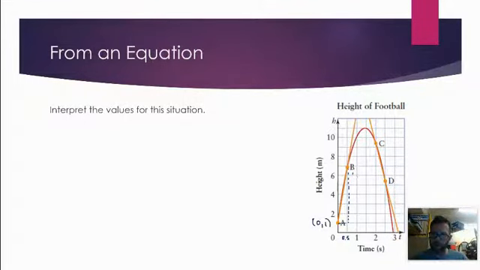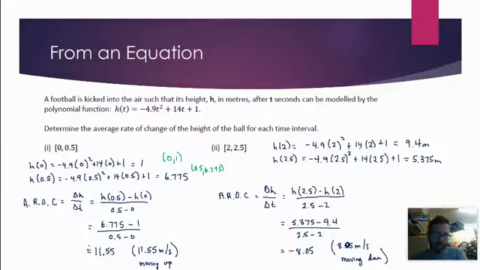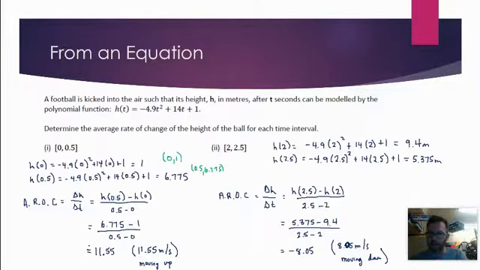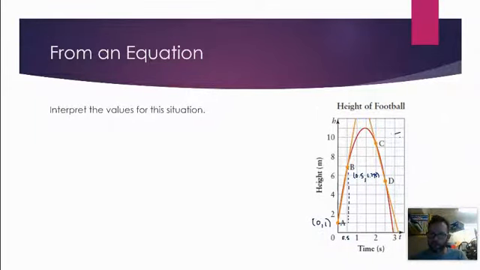So we started at 0, 1, and we found out that after 0.5 seconds, our height was 6.775. And we can see that, if the red function marks the path of the ball, during that time its height was increasing. So the average rate of change was positive, and it was 11.55 meters per second moving up. But our negative answer in the last bit makes sense too, because at point C, we were at 9.4 meters.